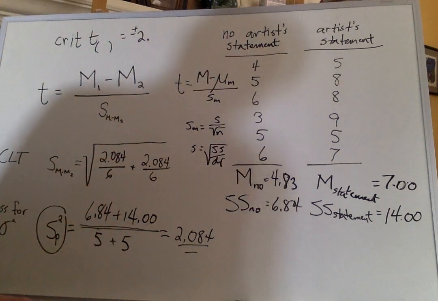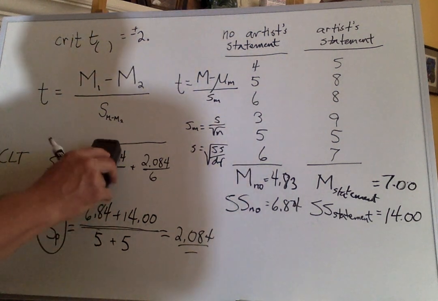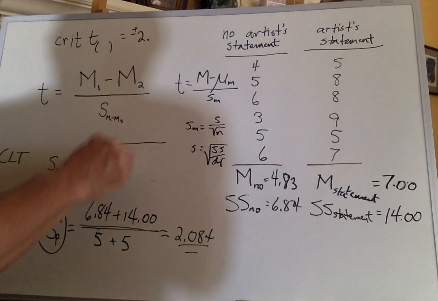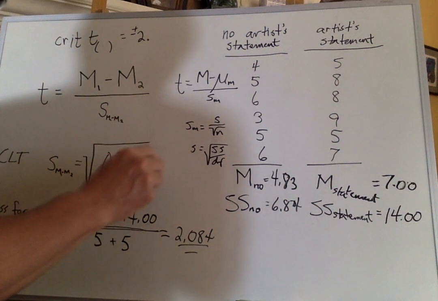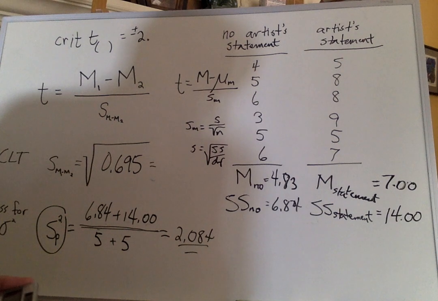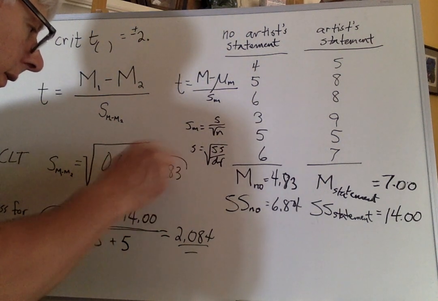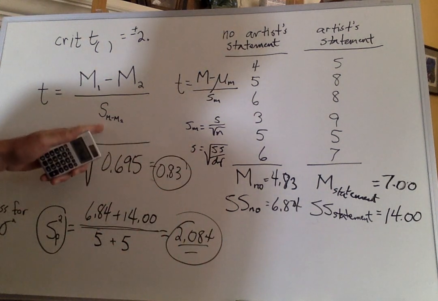Let me check to make sure that's right. 2.084 divided by 6. Okay, you do that twice. 0.69, let's call it 0.695. Okay. We're going to take the square root. Now, 0.83. Okay, so that ends up becoming this number.